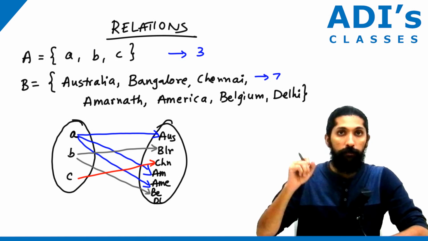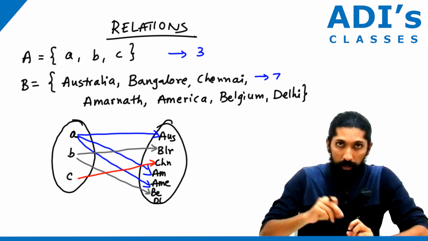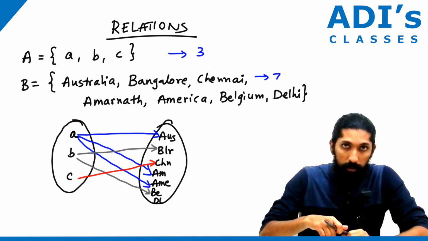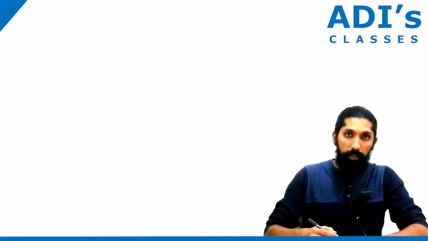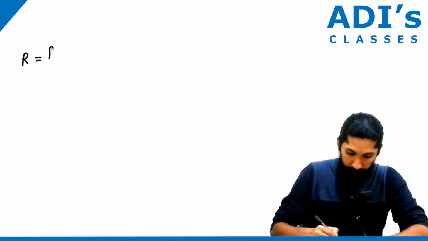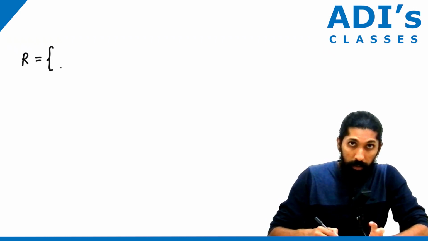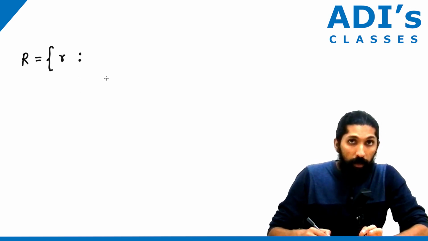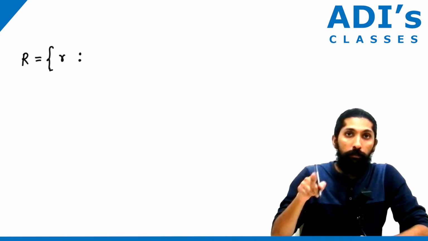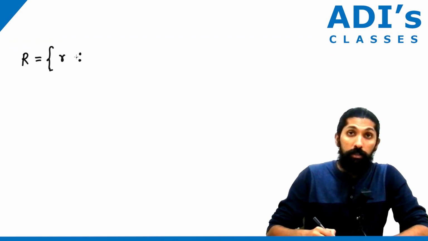Suppose I have to do the same thing with the set based method, or the roster method. For the set based method, we have to write it as a statement. So we can write the relation R is equal to. Now see what we are looking at. We are looking at a particular relation, let it be R, such that R relates from one set to another set, correct?